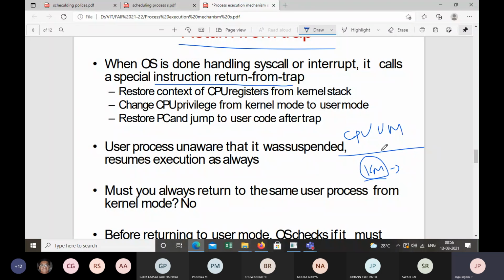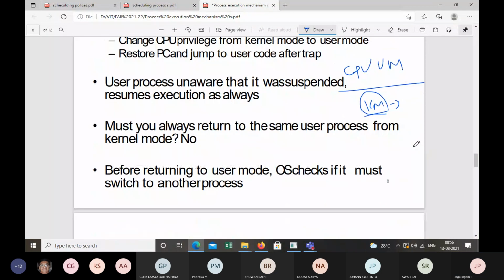We must return to the same process, or we can move to a different process. Yes, the operating system can move to a different process.